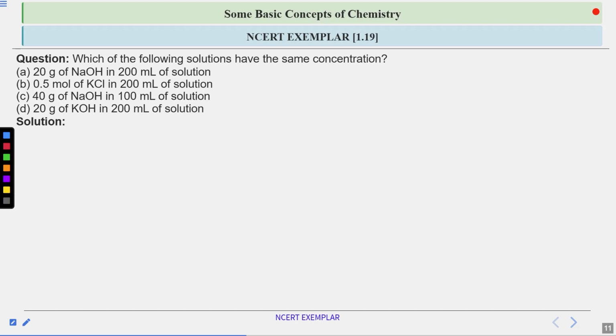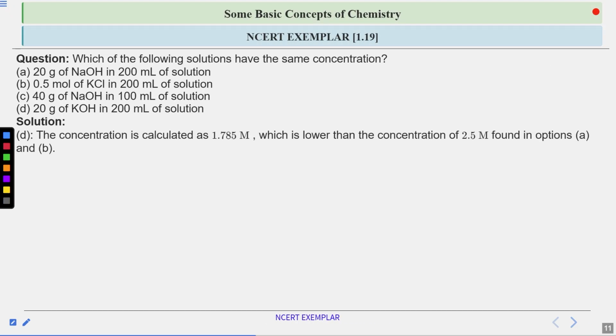Now what about the fourth one? If you calculate the fourth one, it will be 20 by 56. So we have taken 56 as the molar mass of KOH, because it will be 16 plus 1 plus 39.